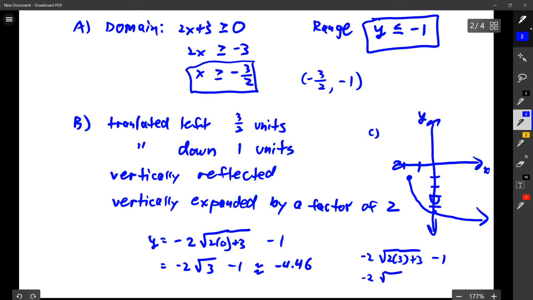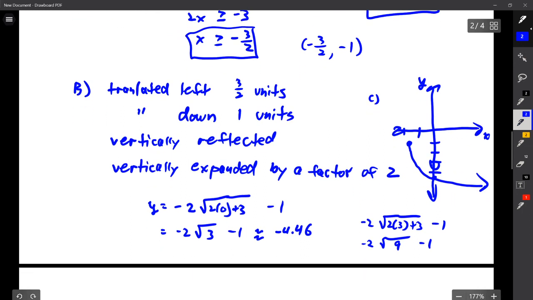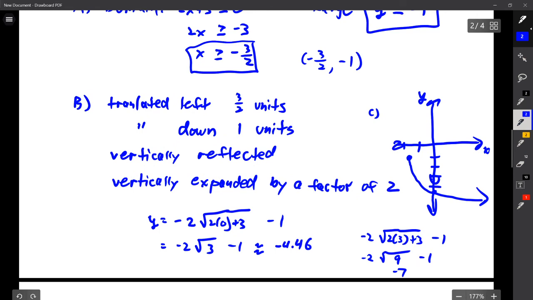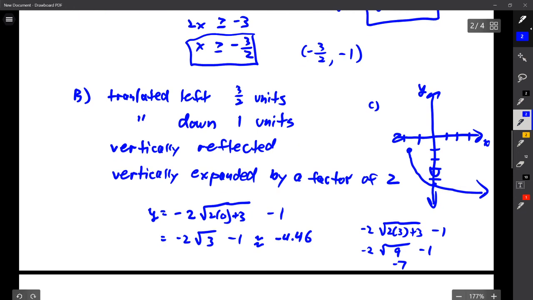But this is going too far out. I went with that because I'm like, okay, is there an x value that can give me a perfect square inside the square root? Because 2 times 3 is 6, plus 3 is 9. We know what the square root of 9 is exactly. That's 3, so -6, -7, so it's become -7. So when x is 3, we're down here at -7, which is not quite exactly as I drew it. Getting the general shape and generally making it a little bit taller is fine for our purposes.